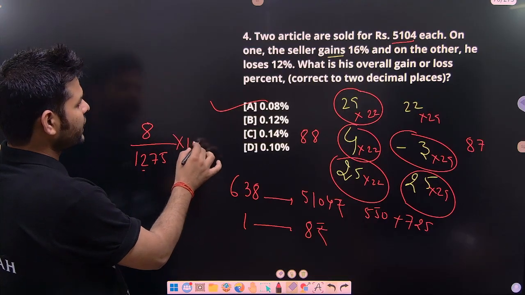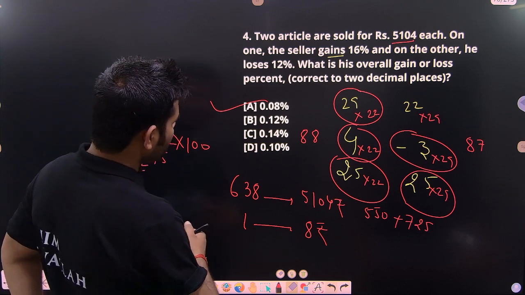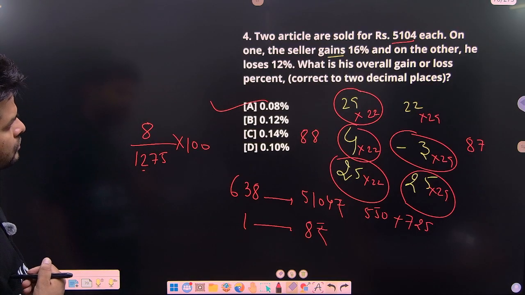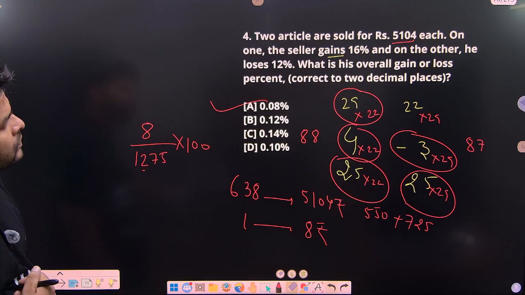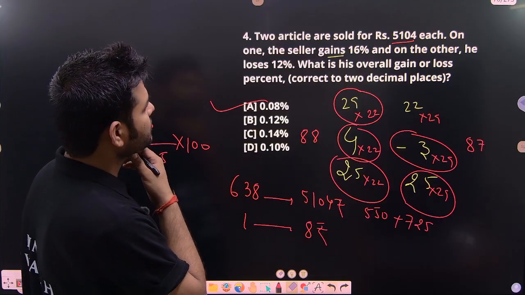If you calculate, you will get 0.62. We don't have such a value. Is there any calculation mistake?